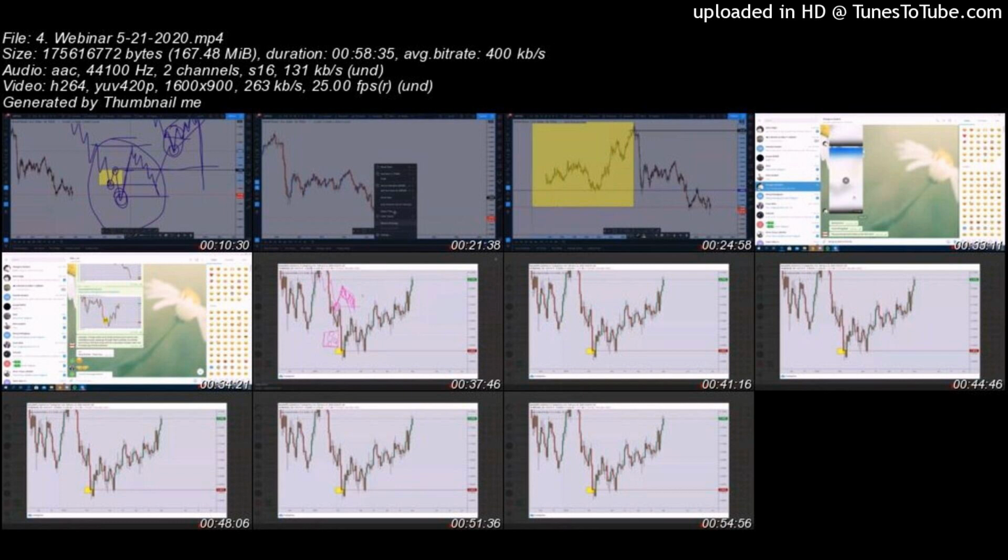From the weekly time frame, price was in a downtrend where we were making a series of lower highs and lower lows, lower highs and lower lows. Then we got this strong impulsive move.